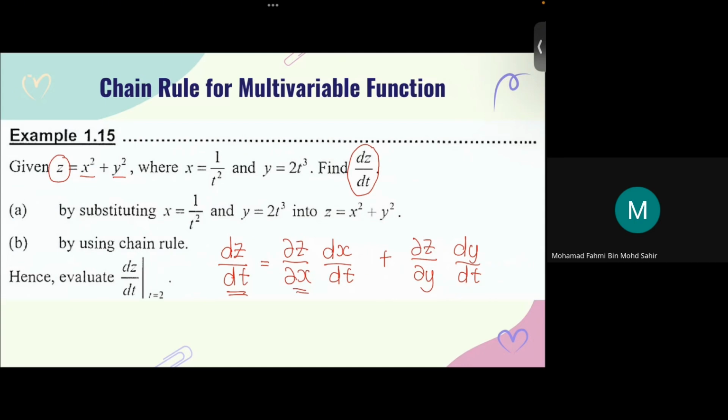First you have to find del z del x, and then dx/dt, del z del y, and dy/dt. You have to find each of them. So z is equal to x squared plus y squared. To find del z del x, we can do this very quickly: it equals 2x, and del z del y equals 2y, right?